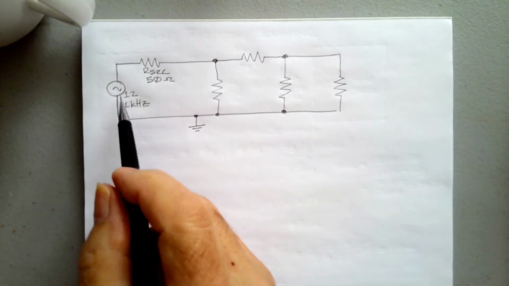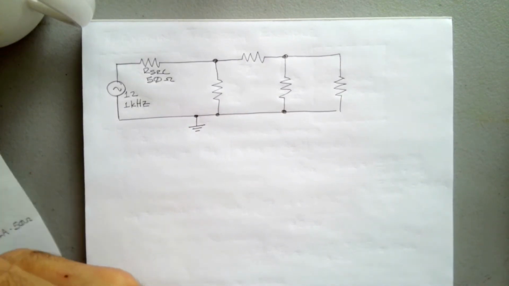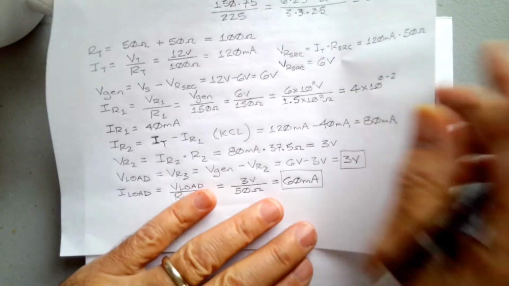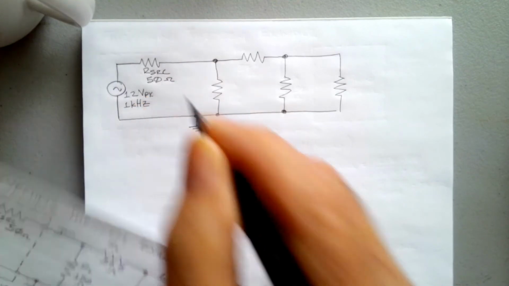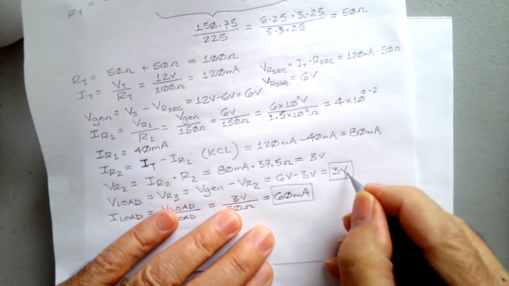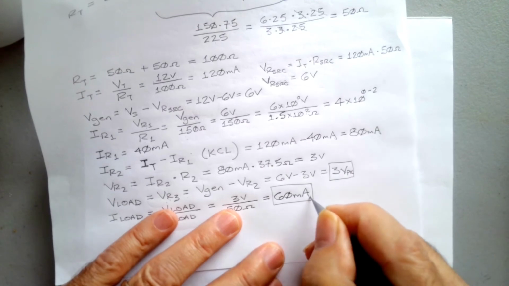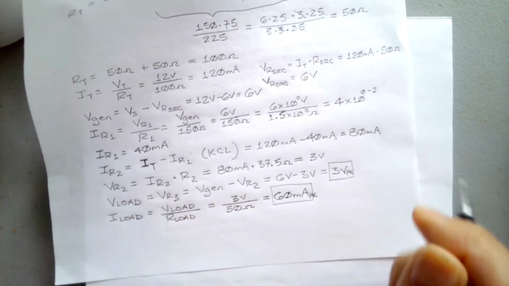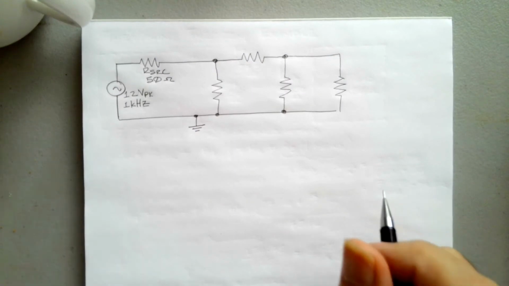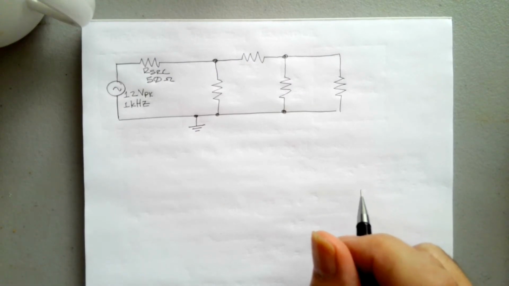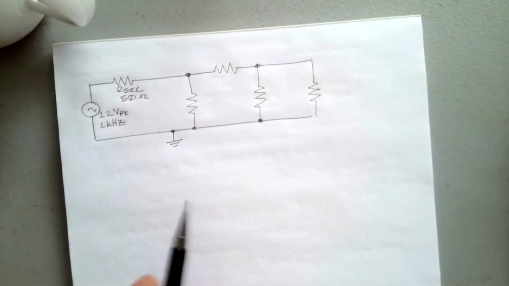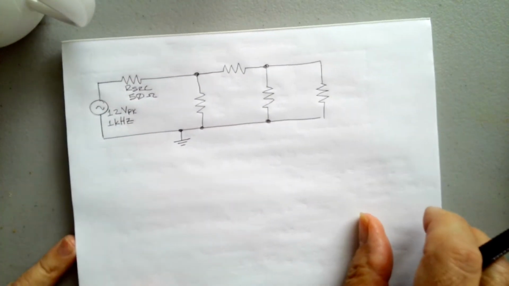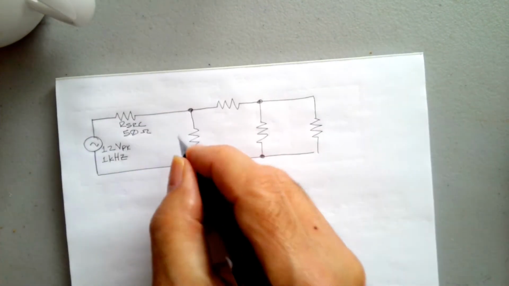So our result here, technically, if this is 12 volts peak here, then this is just 3 volts peak and 60 milliamps peak. Or if it were RMS, we'll review what RMS means, but if it were RMS, we just write RMS for all those. But because it's a resistive circuit, we can treat everything as if it's a DC voltage.